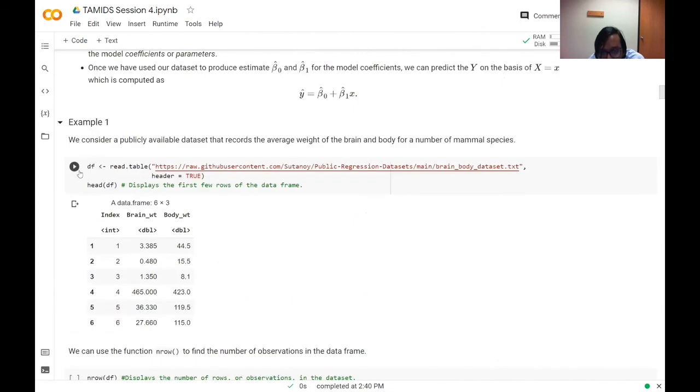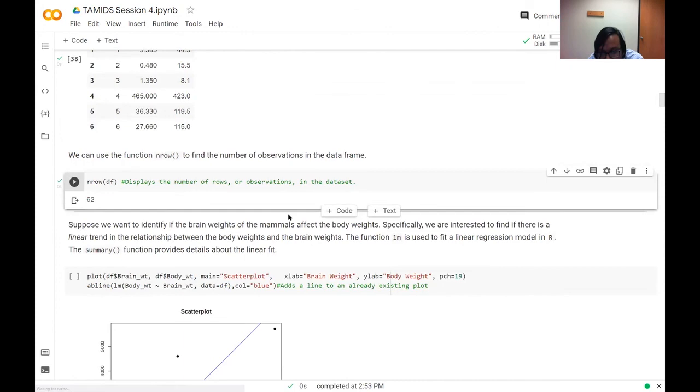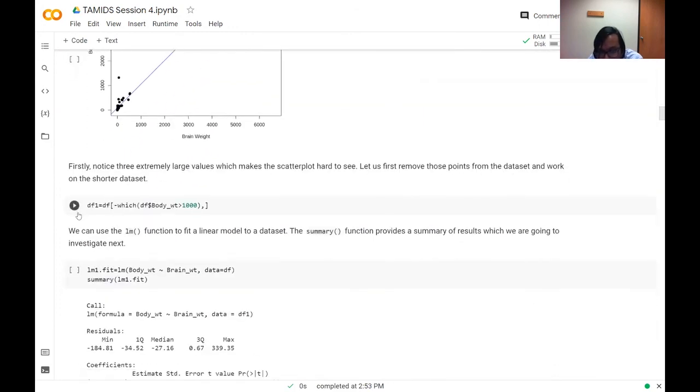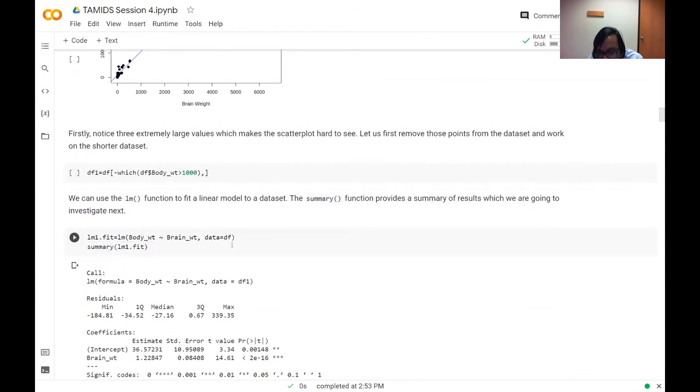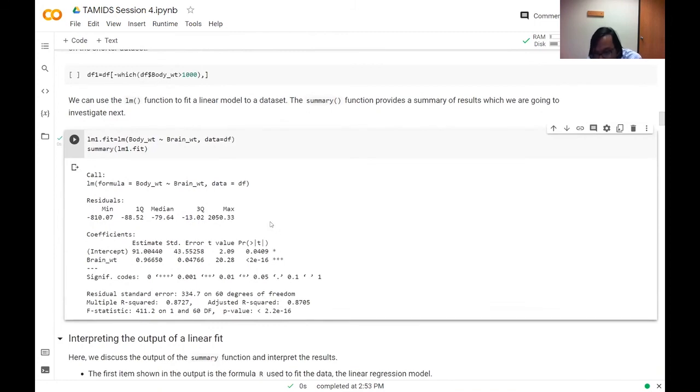I just want to run this line and make sure that everything is fine. Scatter plot, I don't need to run it. And if I just work on the data equal to df, and if you run it, let's see what happens to the adjusted R squared.